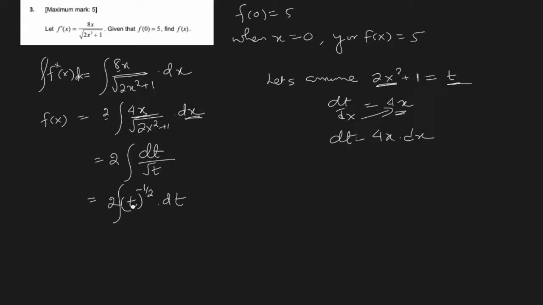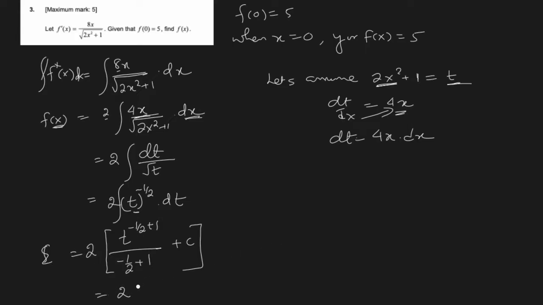And to integrate any simple exponential term, we just do what? t to the power exponent plus 1 divided by the same exponent plus 1, and 2 is already here, plus c. This will be the f(x), not f(x) right now, but it is in terms of t, so I will just write it later.